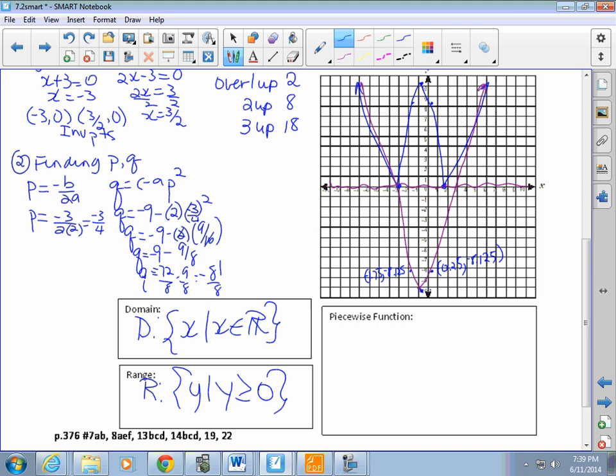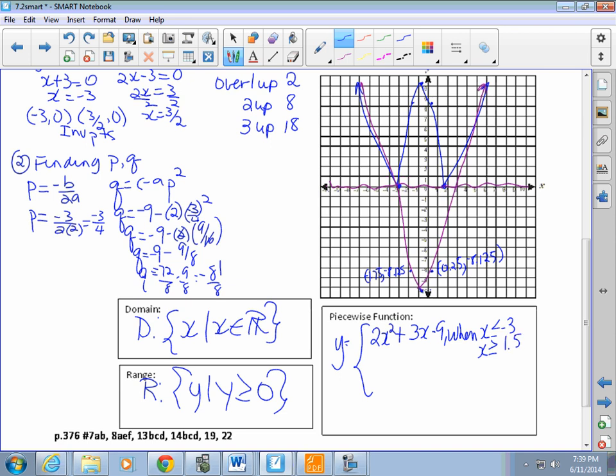So for the piecewise function, y is equal to 2x squared plus 3x minus 9 when x, so that's the right branch and the left branch, when x was less than negative 3 and x was greater than or equal to the other invariant point, which was at 1.5.